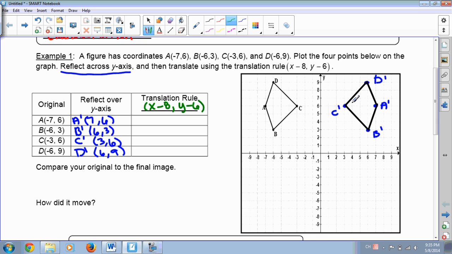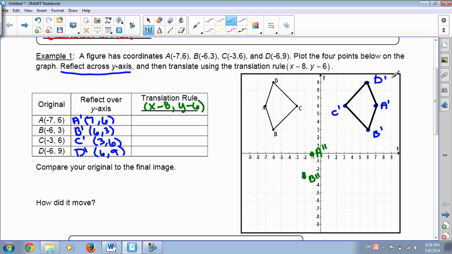So it doesn't matter which point you start with. If we start with A, we go over 1, 2, 3, 4, 5, 6, 7, 8, down 1, 2, 3, 4, 5, 6. So there's A, and we call this prime prime because now we've moved A twice. B, we go over 8, down 6.